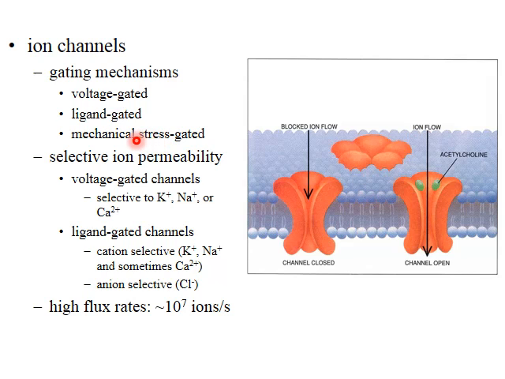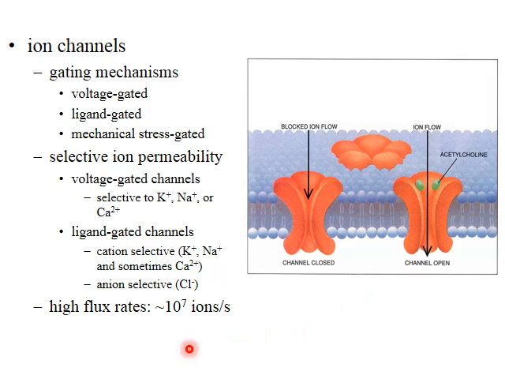In the next several lectures, we'll be concerned primarily with voltage-gated channels, and in these channels there are amino acid residues within the channel protein that sense the voltage between the inside of the cell and the outside of the cell. When the inside of the cell becomes more positive, this causes a conformational change in the channel protein, leading to the channel pore being gated open.